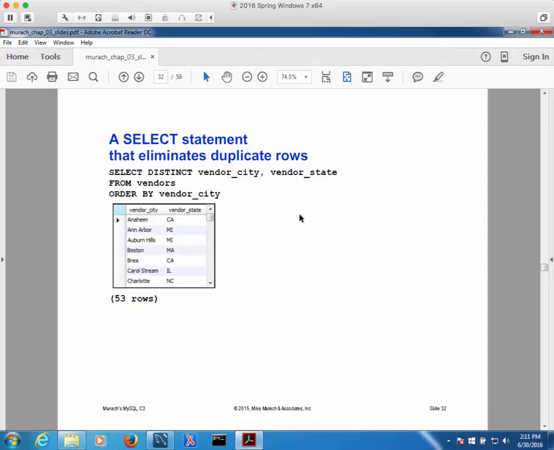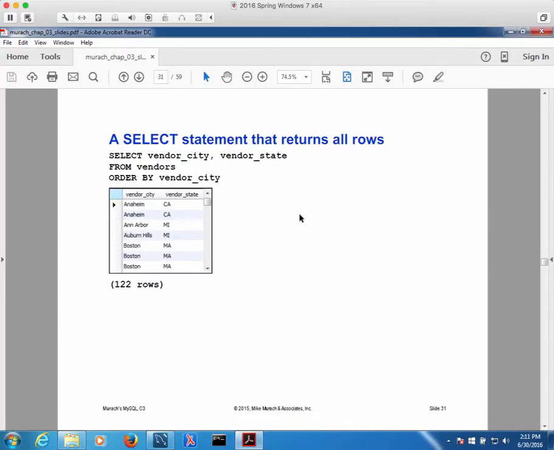As soon as we have a subset of the columns, though, it's possible for there to be duplicates. And there are a lot of times when we're trying to come up with, say, a list, we don't want duplicate entries. So selecting distinct is a really good way to do that.